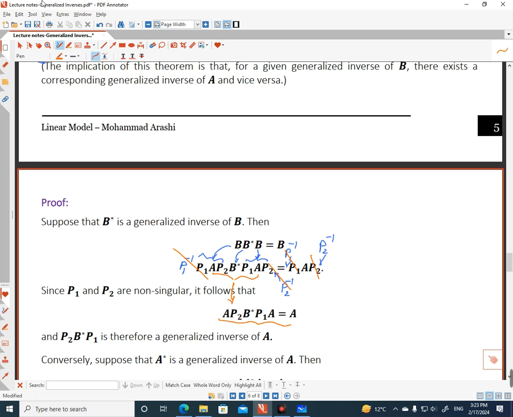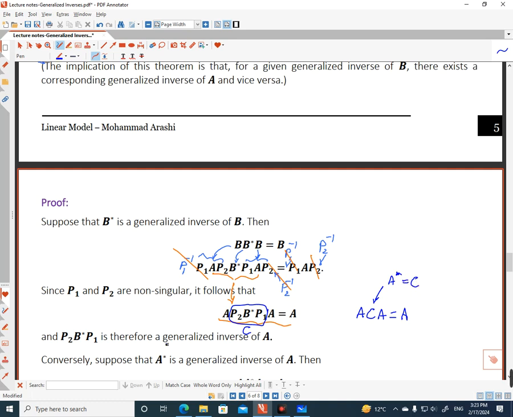Now suppose, for a moment, that I consider this as a new matrix, let's say C. Then I have this equation A C A equals A. Based on the first theorem, we call C the generalized inverse of A. So the generalized inverse of A, which I show by A star, is equal to C.